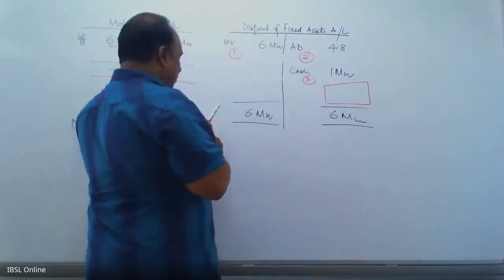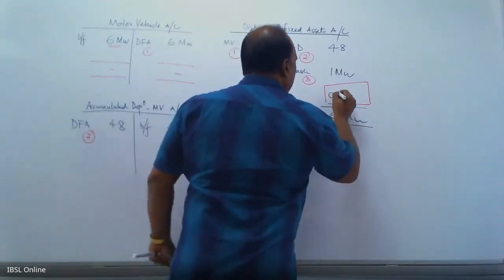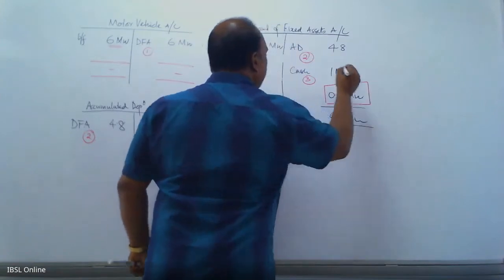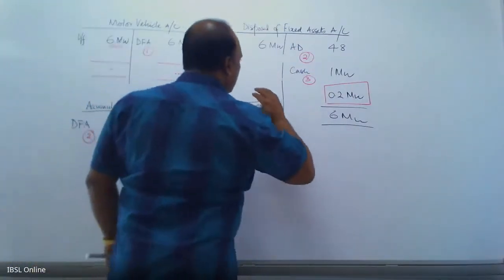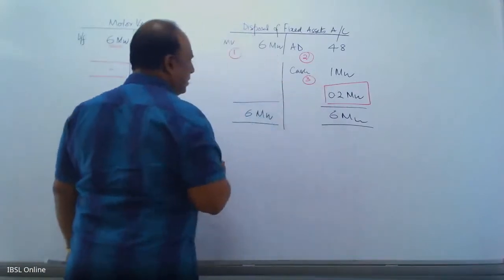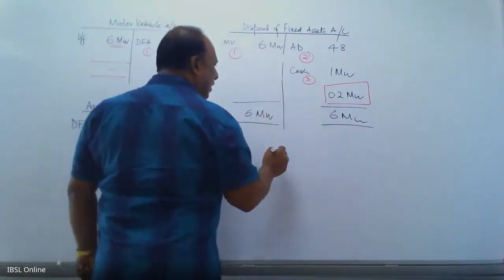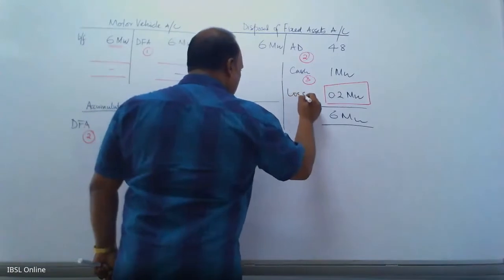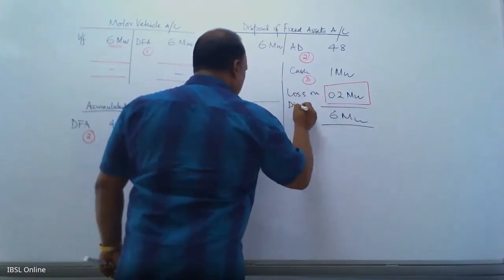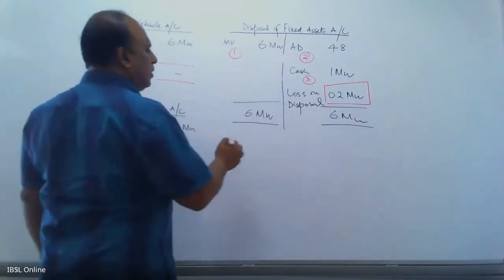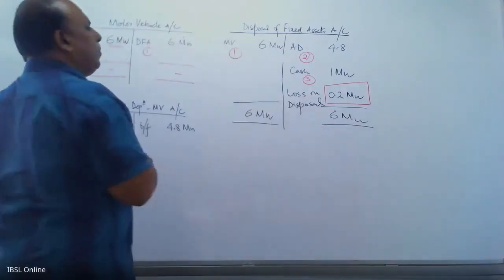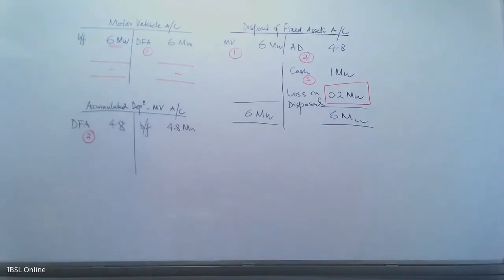What is your balancing figure? 0.2 million. So when you put your balancing figure in the disposal of fixed asset account on this side, it means you have incurred a loss on disposal. Loss on disposal. So the loss will go to your P&L.